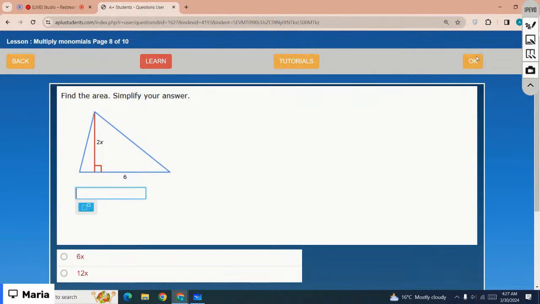So the correct option is, that is 6x. Option number 1 is the correct option, right?